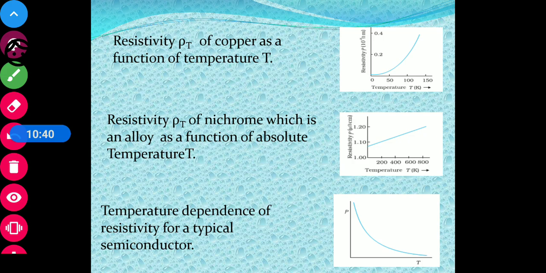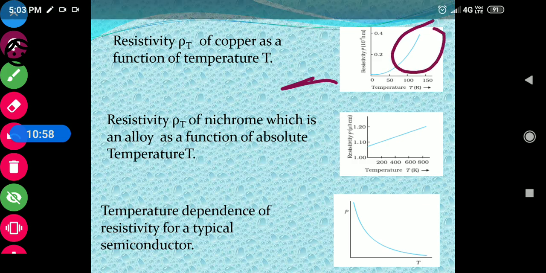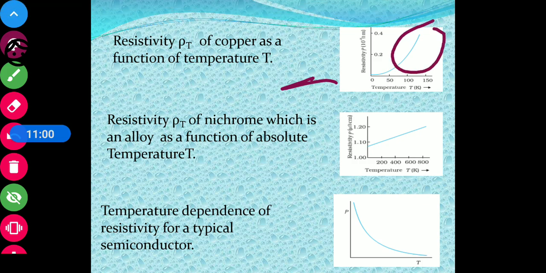Now, let us discuss the same thing with graphs. For the case of metals, if we draw a graph between rho and temperature, we find that over a considerable range of temperature the graph is linear, meaning resistivity increases linearly with the temperature. But for a very low temperature, this dependence is not linear.